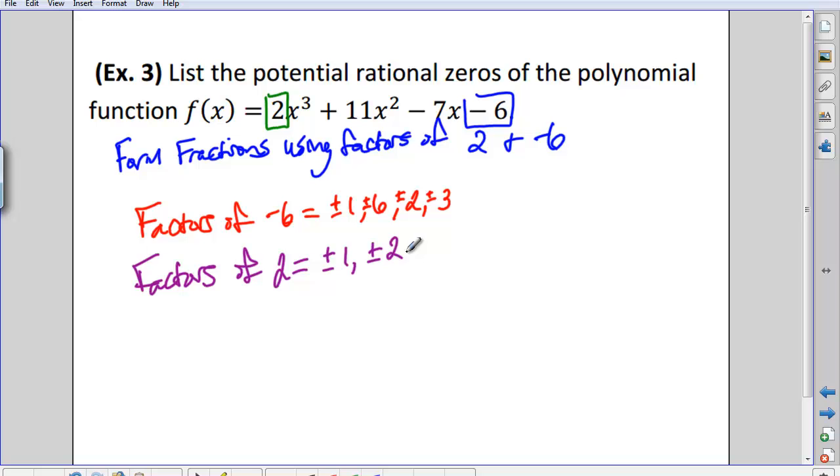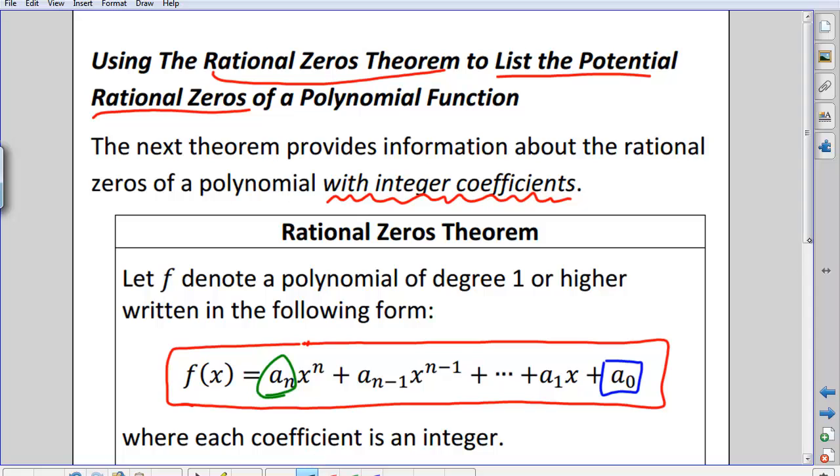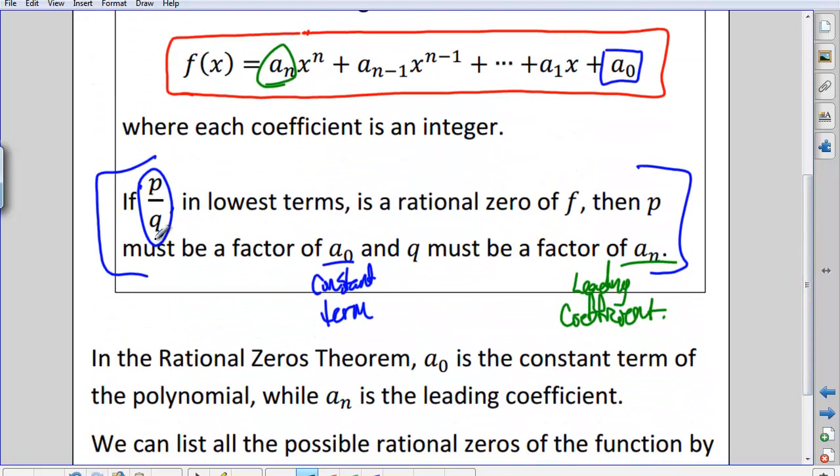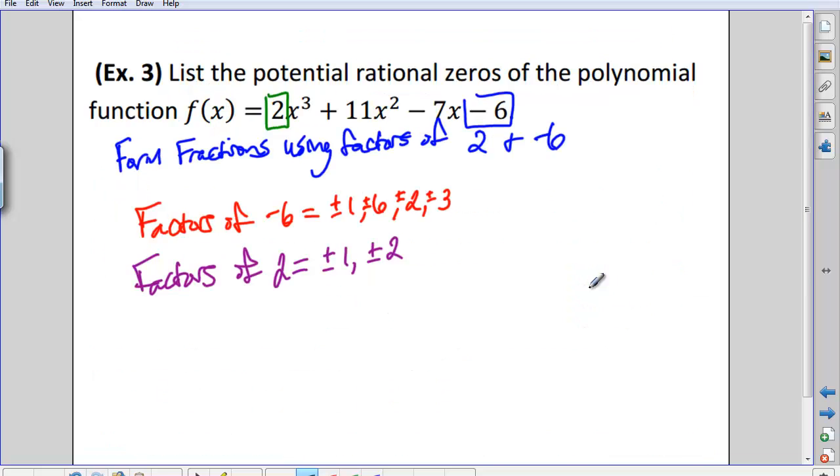And so what we need to do then out of these factors is we need to make a list, going back to what this says, of p over q, where p is a factor of the constant term, q is a factor of the leading coefficient. So in other words, these are possible numerators, and these are possible denominators.